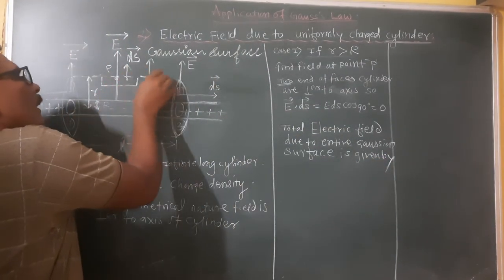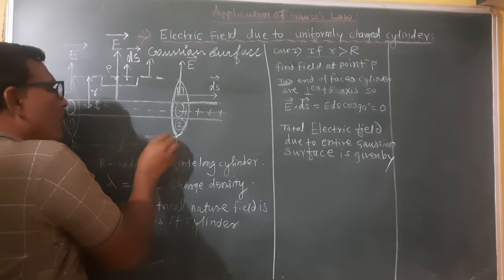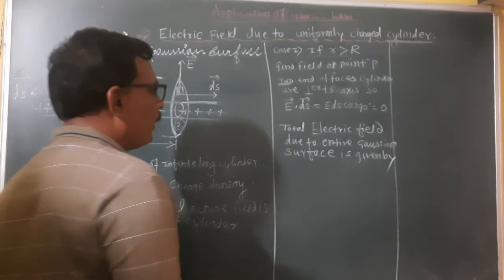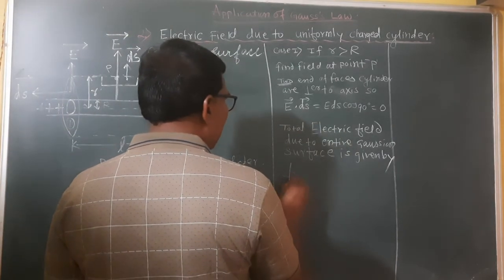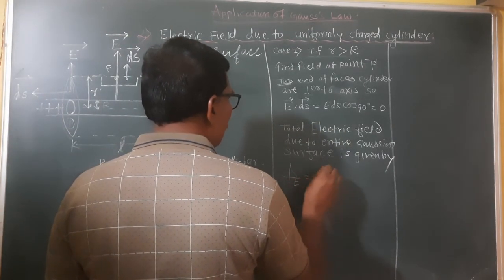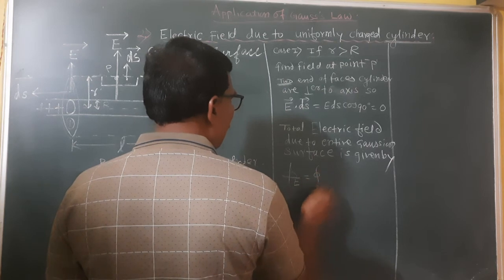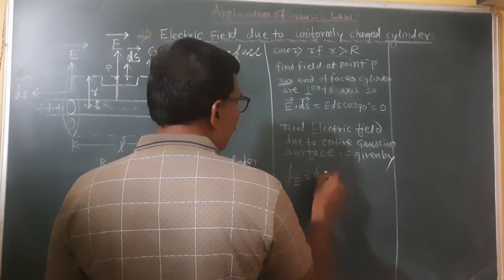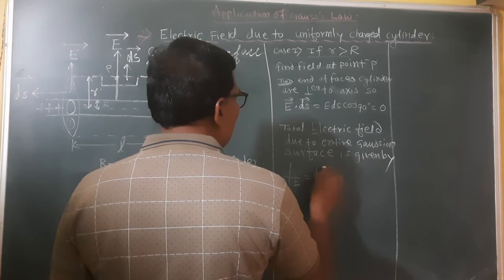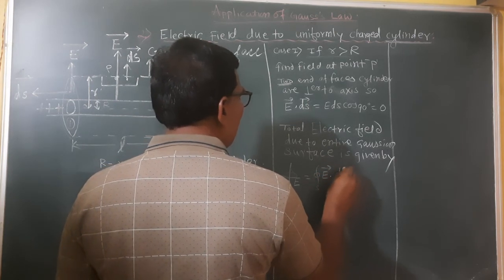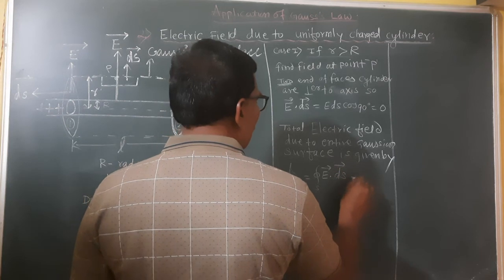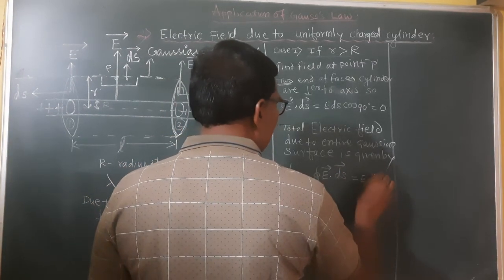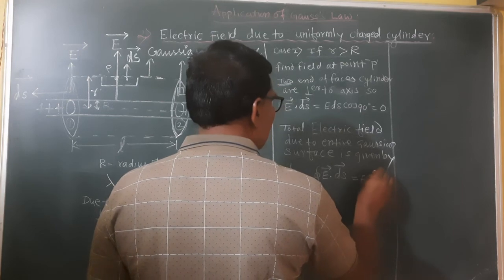This is the Gaussian surface, and due to that Gaussian surface we have to find the electric field. What is the formula for electric flux? Phi is equal to the integration over the curved surface, closed loop, E bar dot ds bar, and that is equal to E times the surface integration of ds.